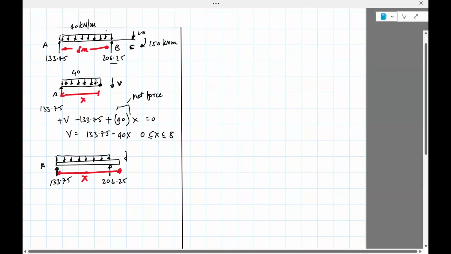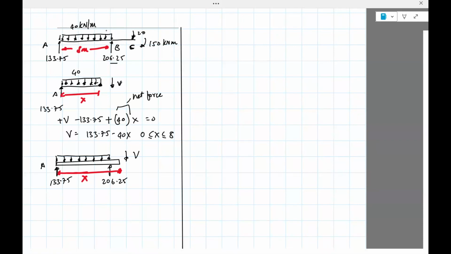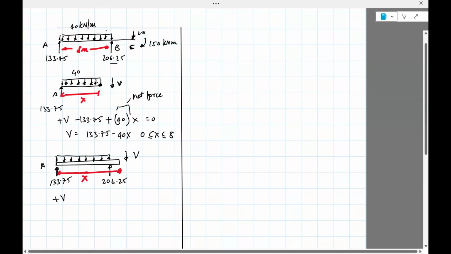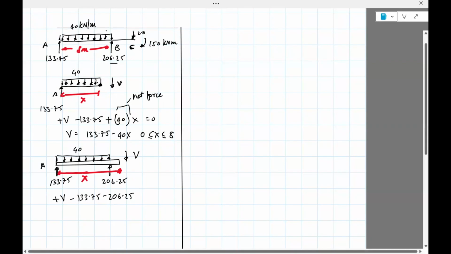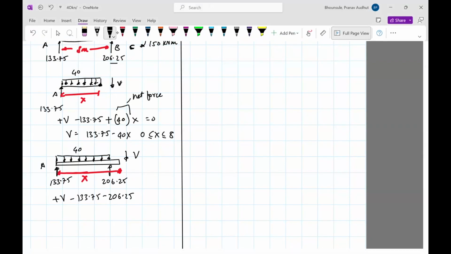Okay, so again, V is downwards. Let's write the equation. Plus V is downwards because downwards is positive. 133.75 is upwards, 206.25 is upwards, so negative. And then this 40 is at a distance. This is 8 meters.